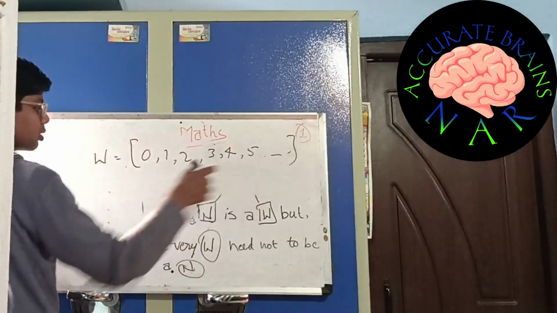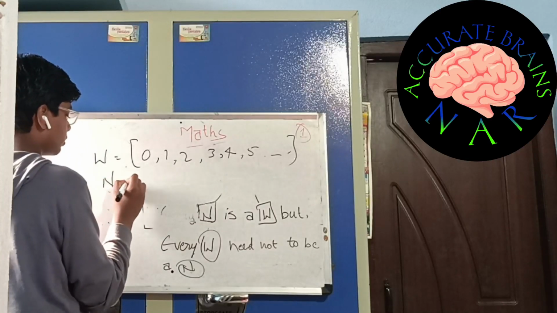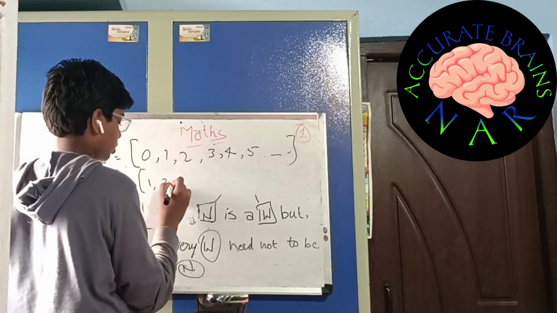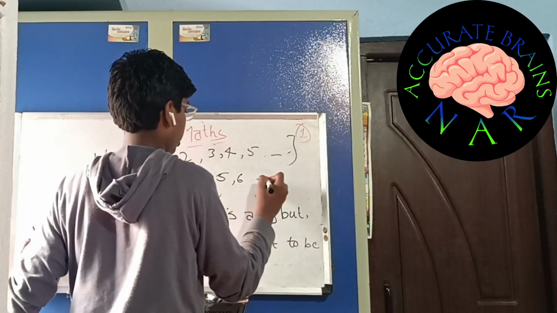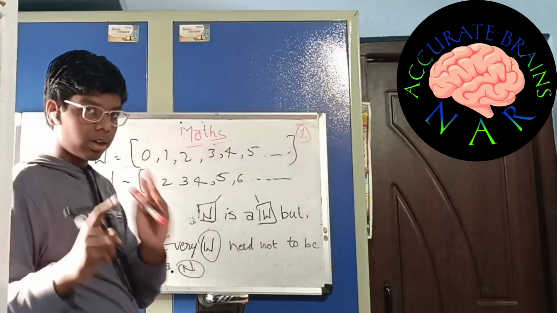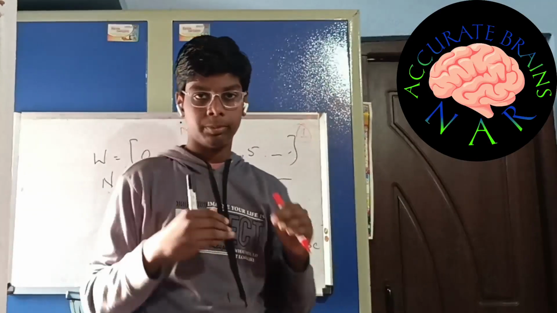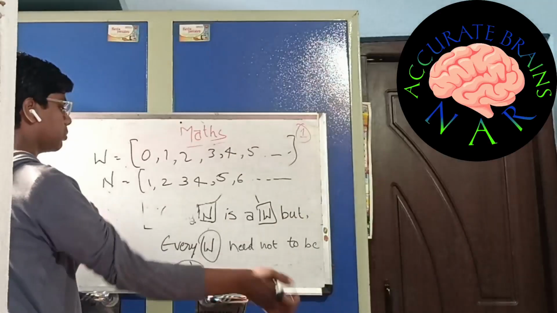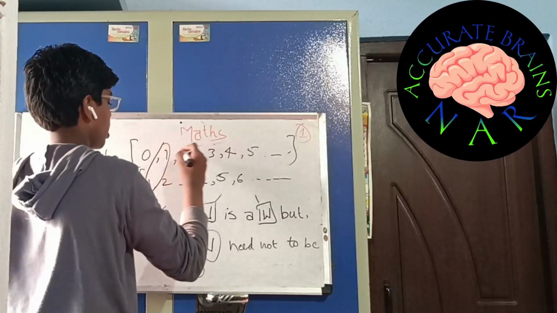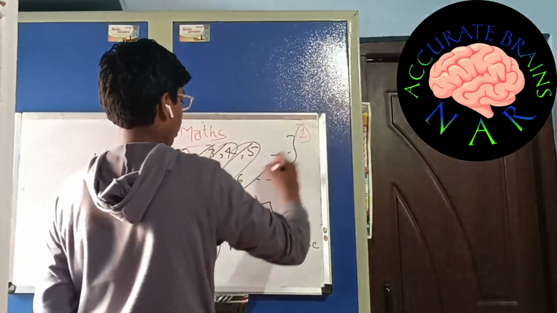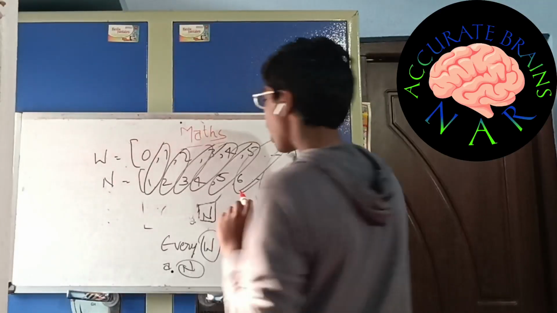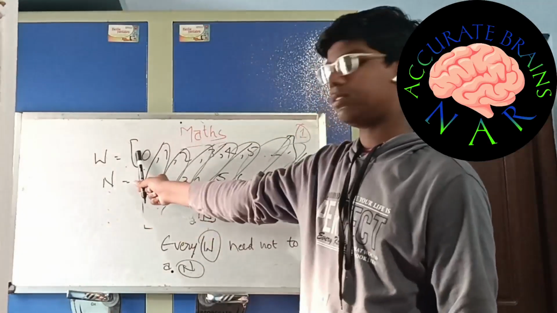These are nothing but whole numbers, and N equals 1, 2, 3, 4, 5, 6 and so on. So the common numbers between whole numbers and natural numbers are nothing but 1, 2, 3, 4, 5 and so on. All are similar, the exception case is 0.